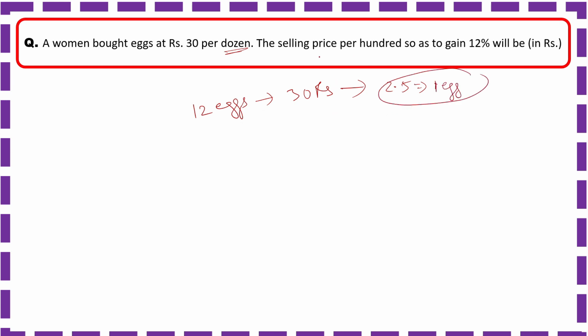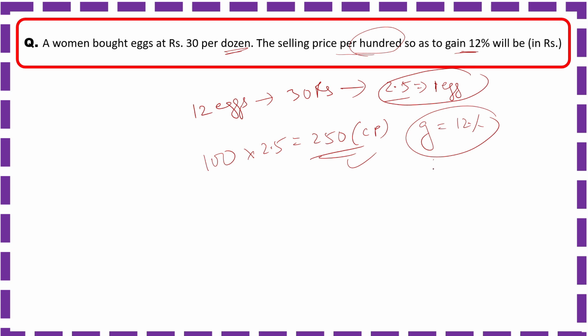And we are asked to find out the selling price per 100 eggs so as to gain 12% profit. So if one egg is 2.5 rupees, 100 eggs is 100 into 2.5, that is 250. This is the cost price, and we must gain 12%. This is the cost price, this is the gain percent. Then just find the selling price.